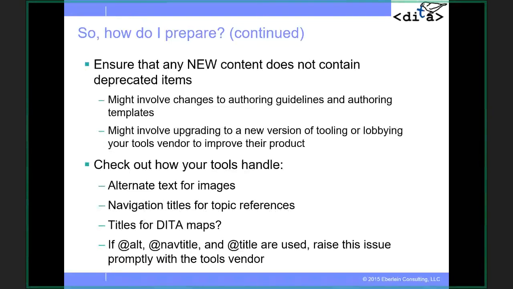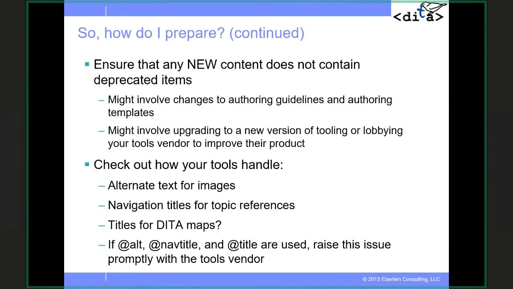And this is a really good time to check how your tools work. We know that many people have multiple tools in their DITA application, certainly at an enterprise level. But check out how your tools handle alternate text for images, navigation titles, and titles for DITA maps.